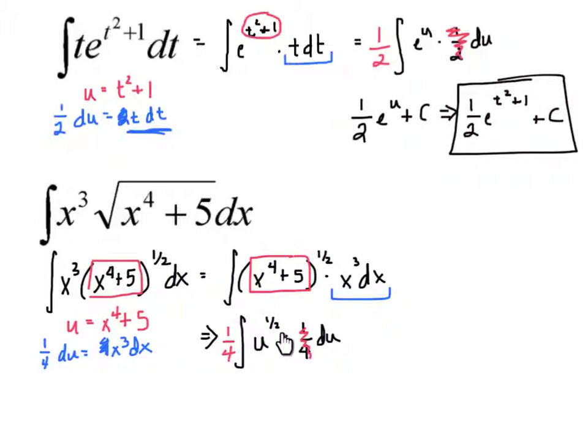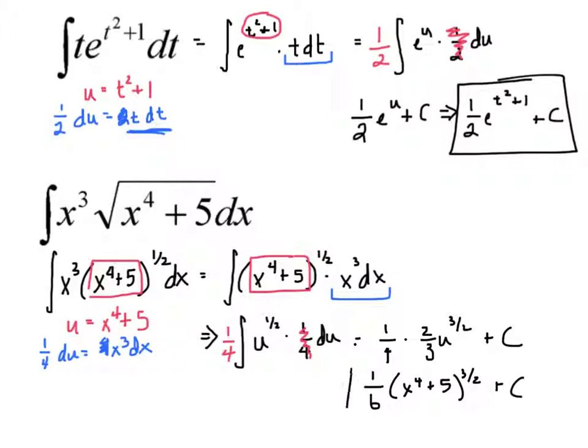Divide by the new power. So I'm going to leave the 1/4 out front for now, multiplied by 2/3 u to the 3/2 plus c. Well, 1/4 multiplied by 2/3 is 1/6. I'm going to substitute back in, so x to the 4th plus 5 raised to the 3/2 plus c. And there it is. There's our answer.